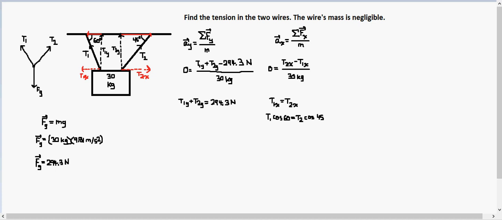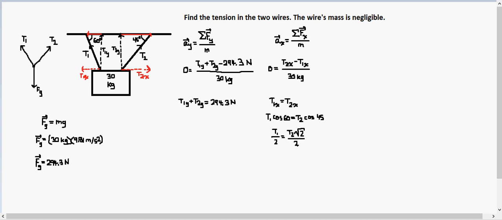So now let's solve. T1 cosine 60 is just half of T1, so T1 over 2 equals T2 cosine of 45, which is root 2 over 2. Pick some easy angles, like 60 degrees and 45 degrees, so we don't have to get intimidated by all these decimals.